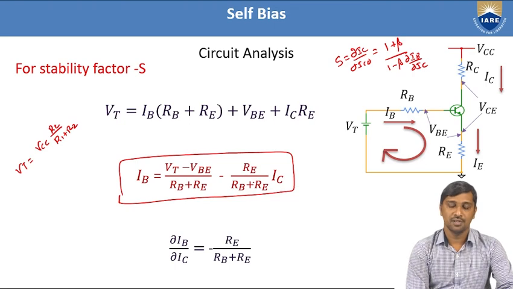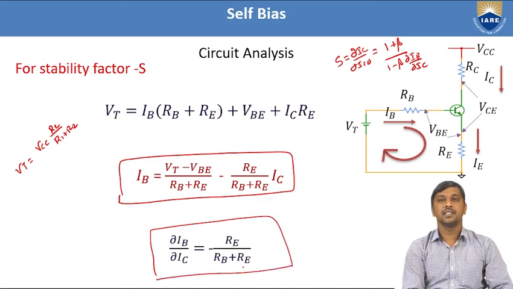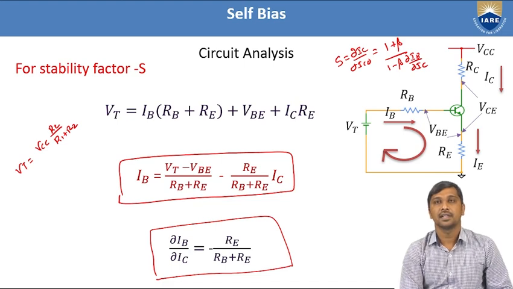Now we differentiate with respect to IC, hence ∂IB/∂IC becomes minus RE by RB plus RE. This is the rate of change of base current with respect to the rate of change of collector current.